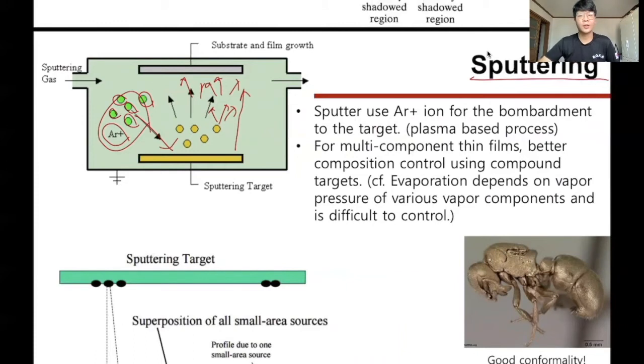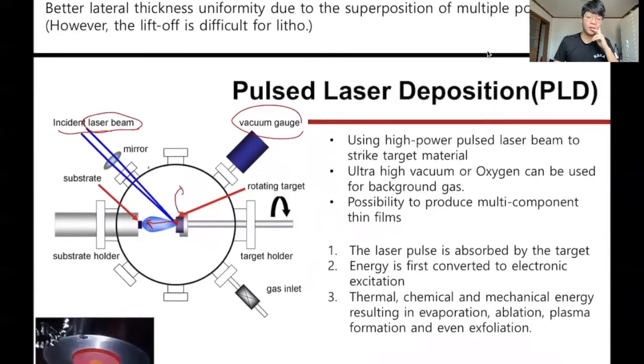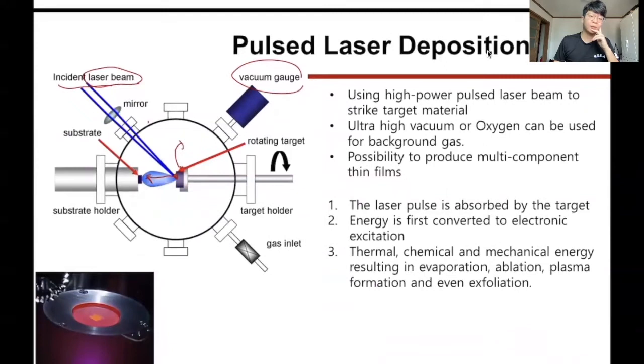So it has relatively lower step coverage than PLD. PLD uses a very high vacuum state, so there is no interference between the materials, and it has a very good mean free path. So it has extremely good step coverage, like LPCVD. However, it is a very slow process, and the devices are very expensive, so we do not use these PLD techniques.